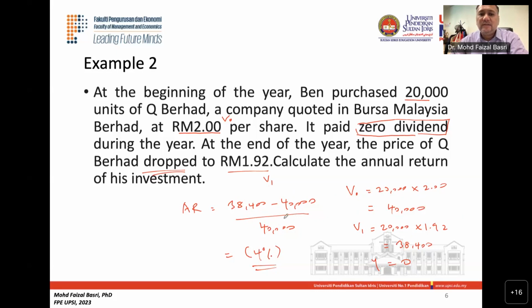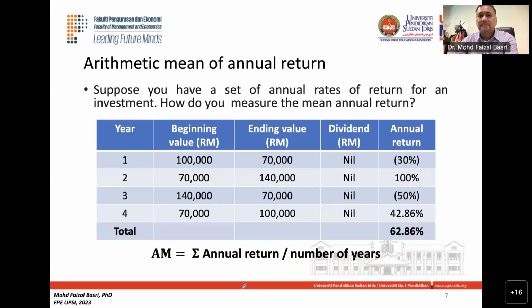And this is proven with our calculation. Our return here is equivalent to negative 4%. So very simple, as the beginning of our lecture, how to measure the historical rate of return, or the annual return based on the historical performance of our investment.